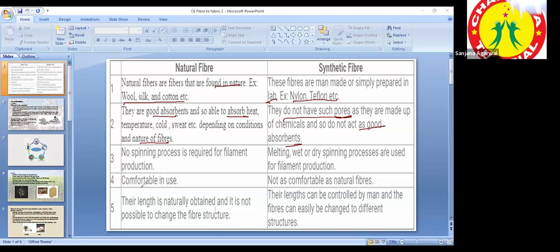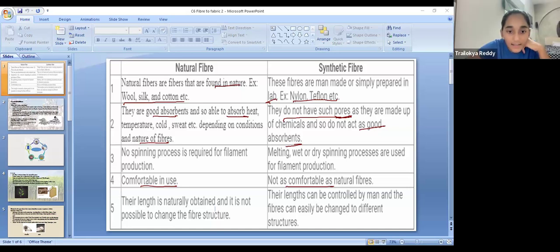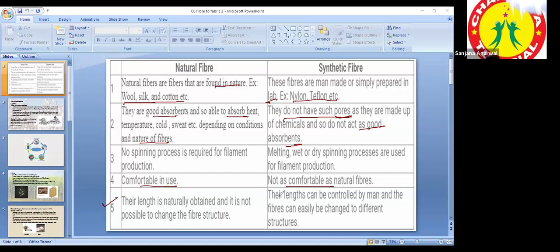Fine. So natural fibers are comfortable in use, whereas synthetic fibers are not as comfortable. And the last point: the length of natural fibers is naturally obtained and it is not possible to change the fiber structure. For synthetic fibers, length can be controlled by man and the fibers can easily be changed to different structures. Fine. So note these down, all the points.